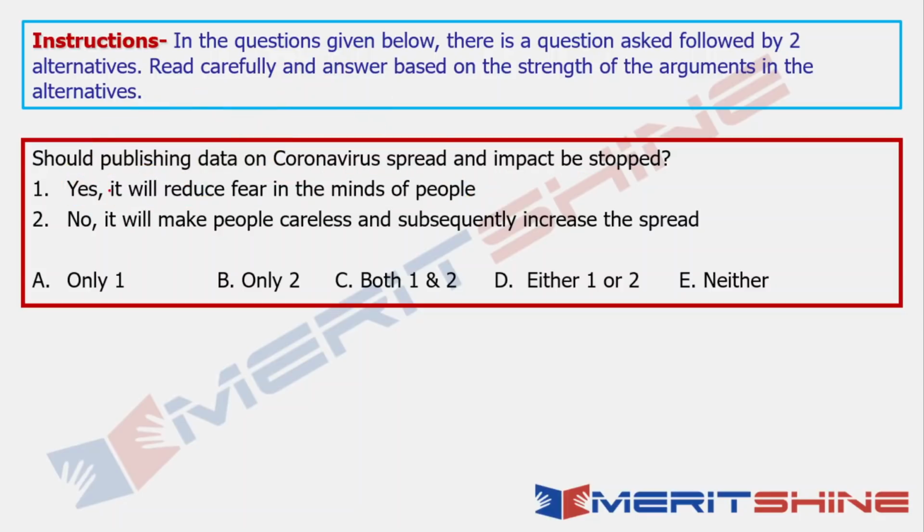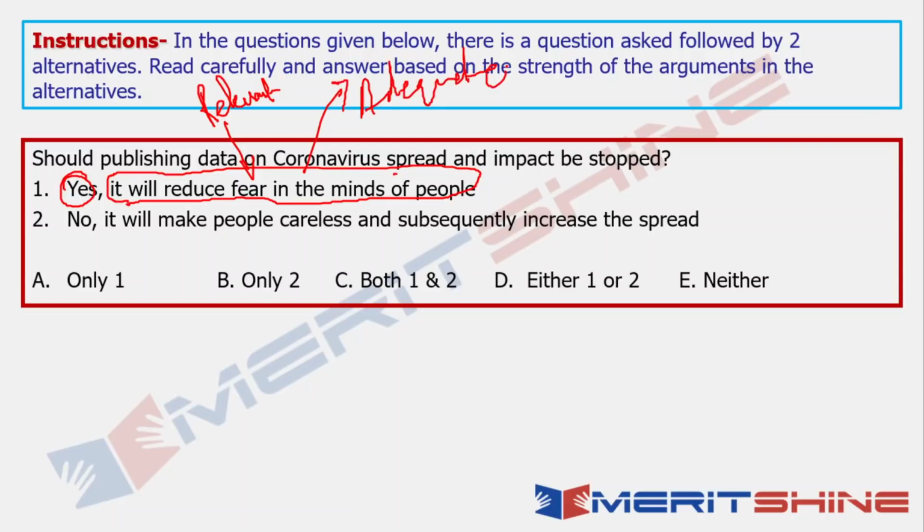Okay, chalo. Should publishing data on coronavirus spread and impact be stopped? If it will reduce fear in the minds of people, yes, it should be stopped. Now, is it relevant? Yes, it is related to coronavirus. Is it adequate or is it desirable? Adequate also means desirable.